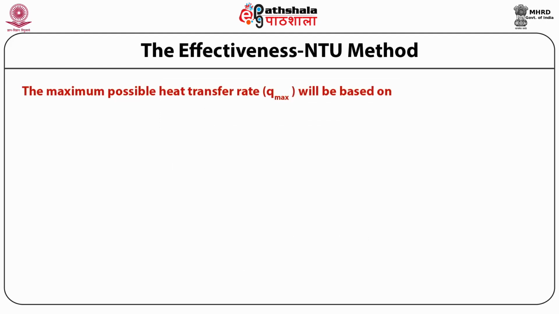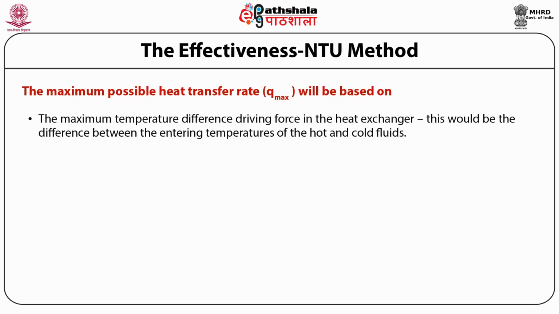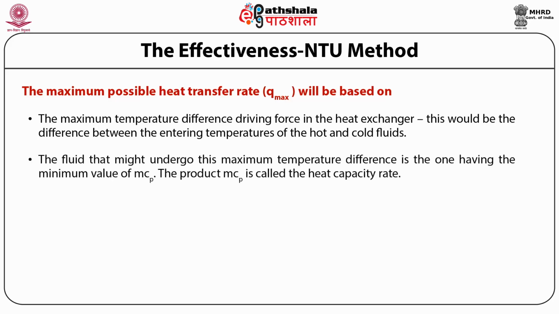The maximum possible heat transfer rate Q max will be based on the maximum driving force in the heat exchanger. This would be the difference between the entering temperatures of the hot and cold fluids. The fluid that might undergo this maximum temperature difference is the one having the minimum value of MCP.